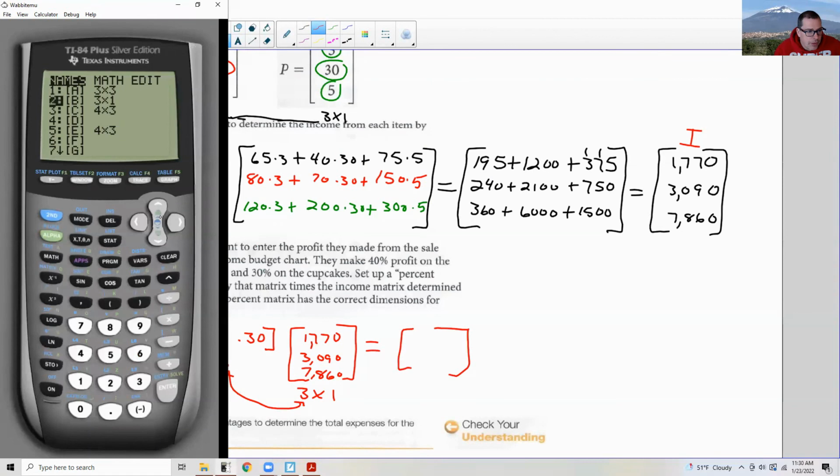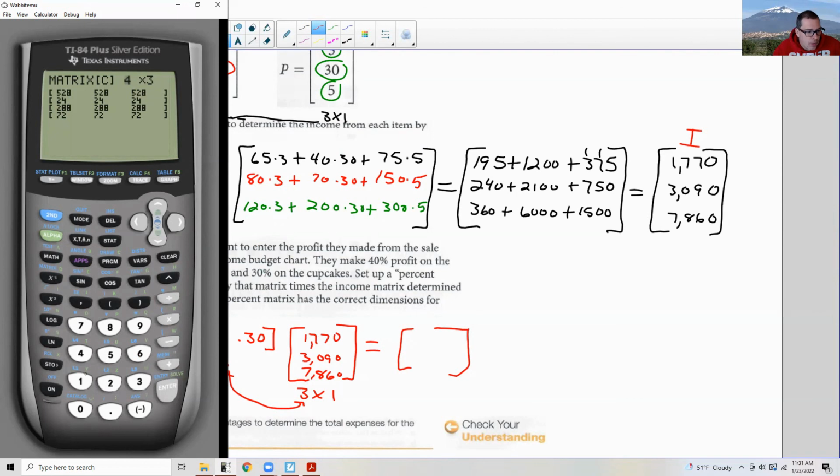So let's go over to edit first, second matrix, over to edit. I want to leave that. And now let's put C as our percentages.